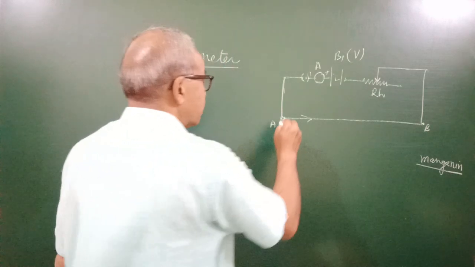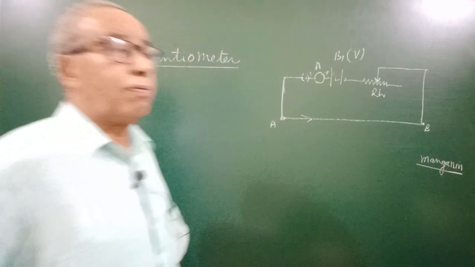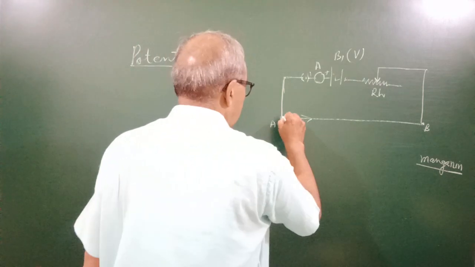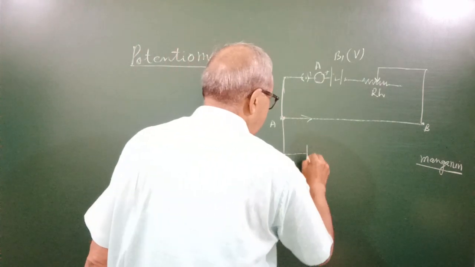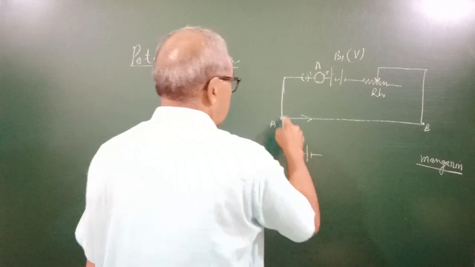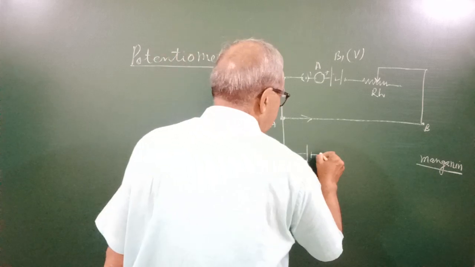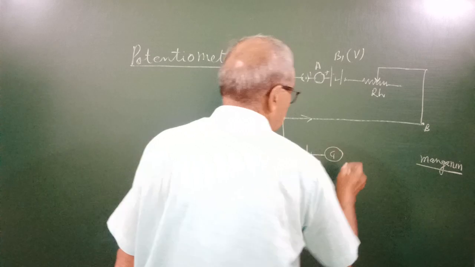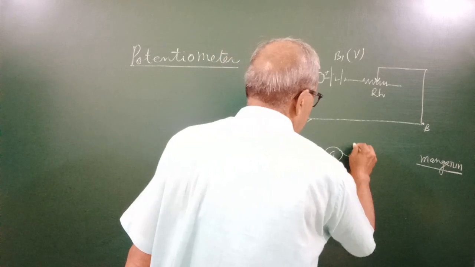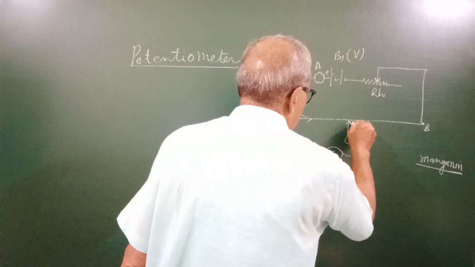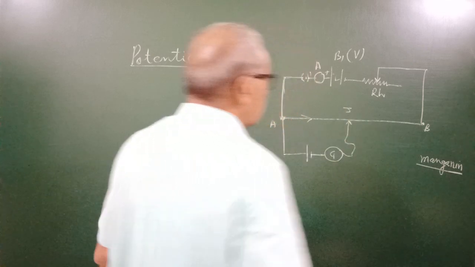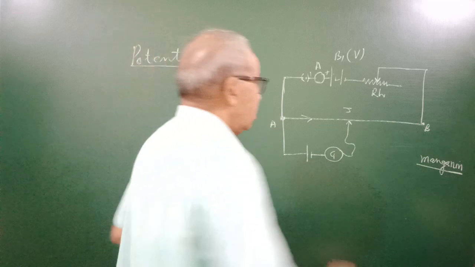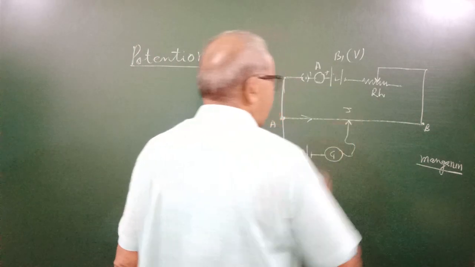Here, suppose we want to measure the EMF of a chemical cell, and we connect the cell to terminal A. We connect here a galvanometer, and then use a jockey here. The jockey can be put anywhere on the wire AB.